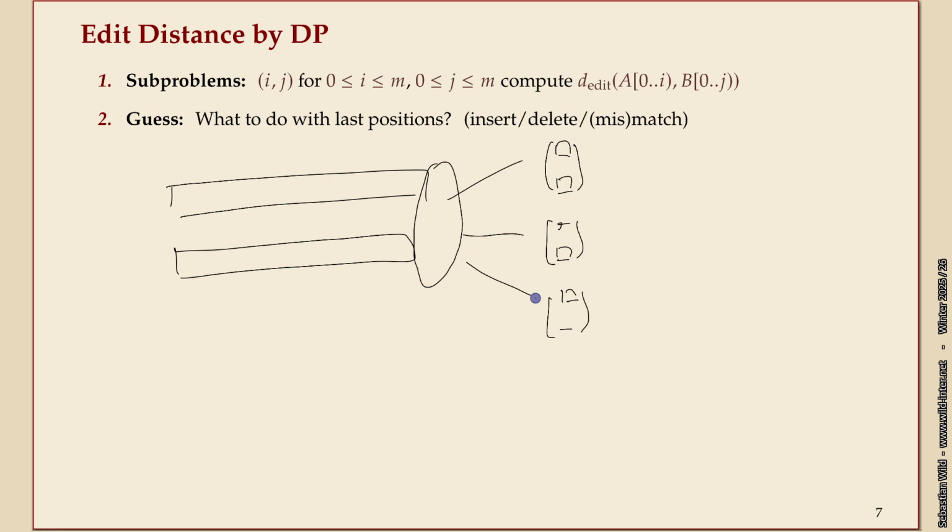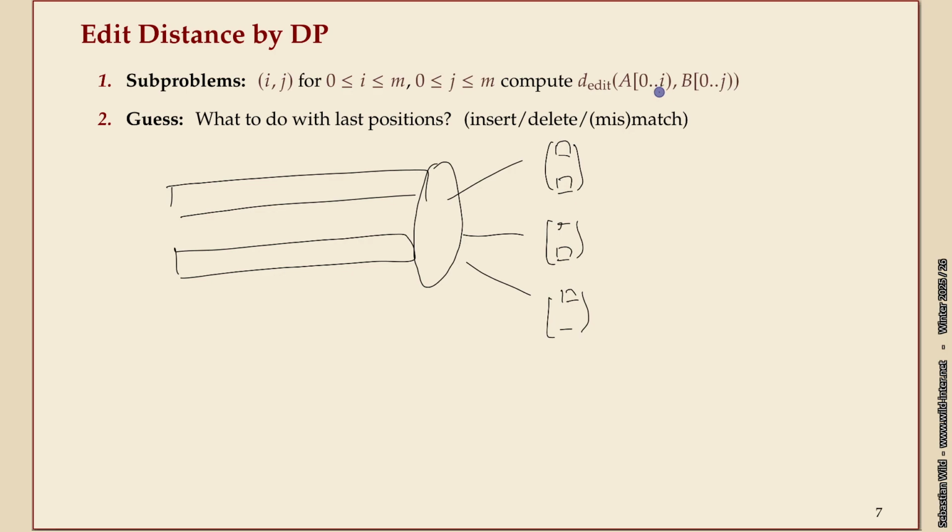Because the overall cost of an alignment is additive, we count the number of edit operations. Each of these contributes a certain amount. These always contribute 1. This contributes 1 if the 2 characters differ. In each case, you know what to do. So if you map this onto the 6 steps, for the subproblems you take prefixes of the 2 strings.